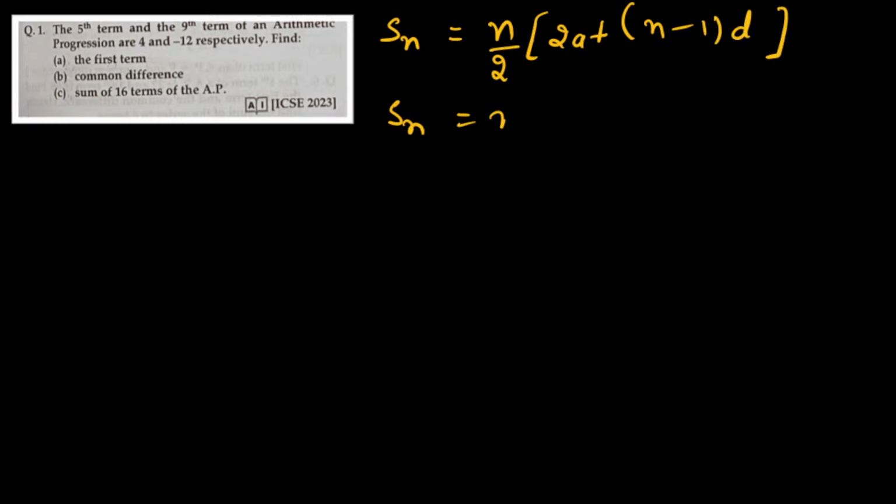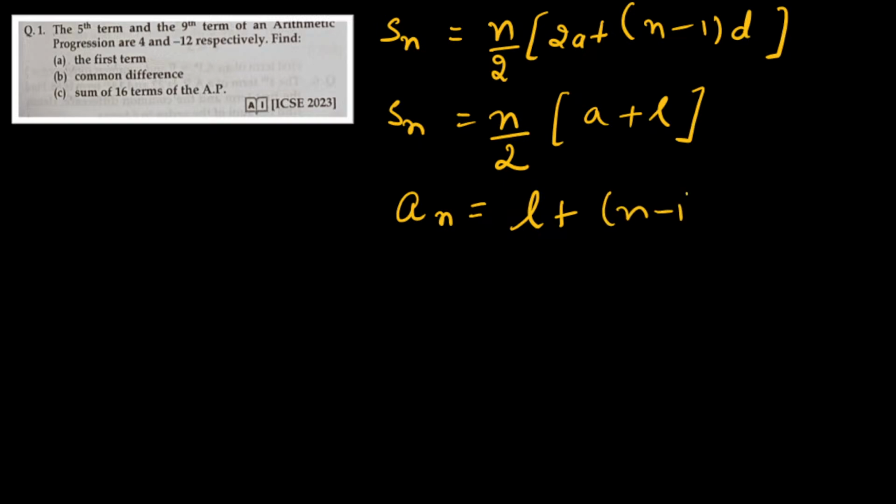Sn is equals to n by 2 into a plus l. Then when we have to find any term from the end, for that also yesterday I gave you one formula. So an is equals to l plus n minus 1 into negative d. So this formula we can use directly whenever we have to find any term from end of the sequence.